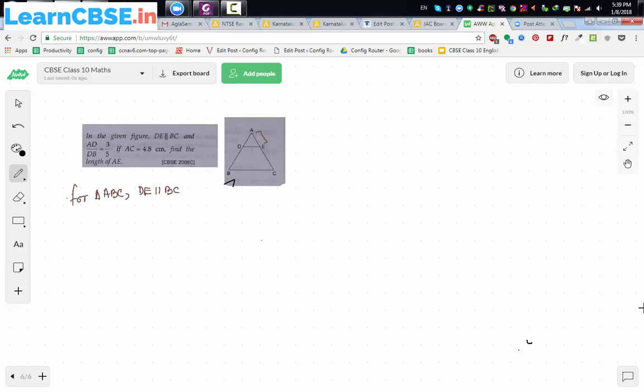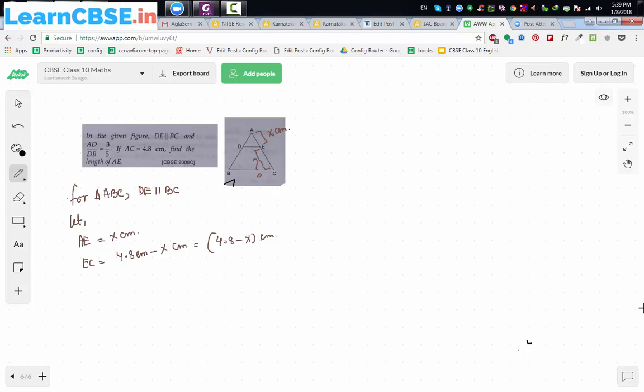So let AE equal x centimeter. So what will be EC then? The EC will be 4.8 centimeter minus x centimeter, or 4.8 minus x centimeter, the length of EC.